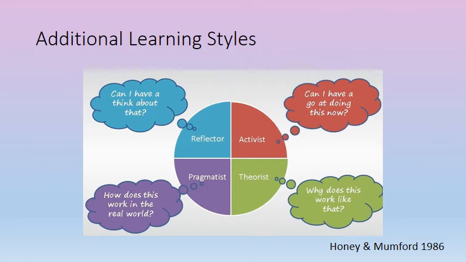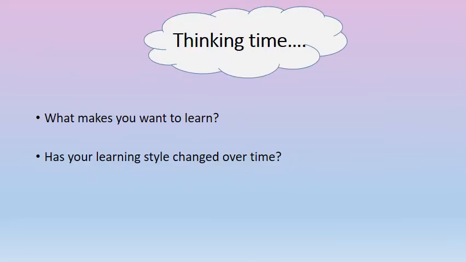Pragmatist in the purple, thinking about how what you're experiencing works in the real world. And reflector in blue, which is, can I have a think about that and try and work it out in my own brain? So again, you might want to pause and think about what makes you want to learn, and has your learning style changed over time?